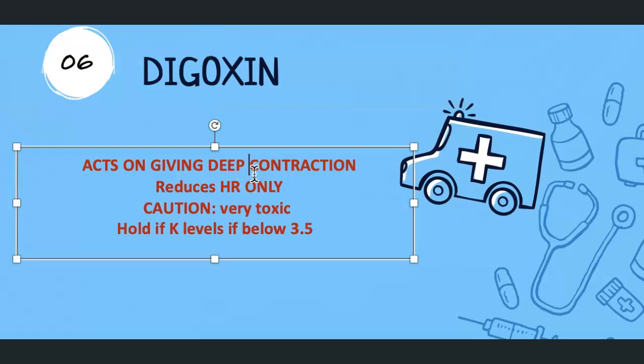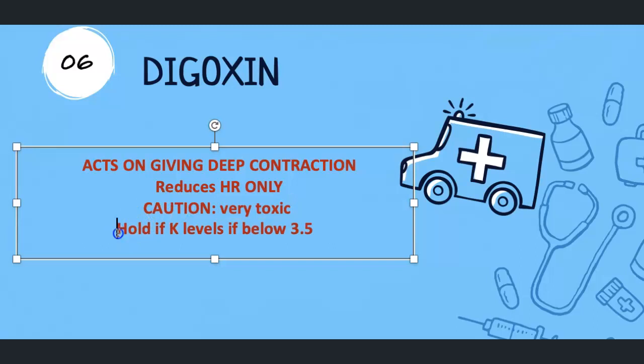It acts by giving deep contractions, and as we know, by giving deep contractions, we will improve the cardiac output of the patient. This medication is considered one of the very toxic medications.